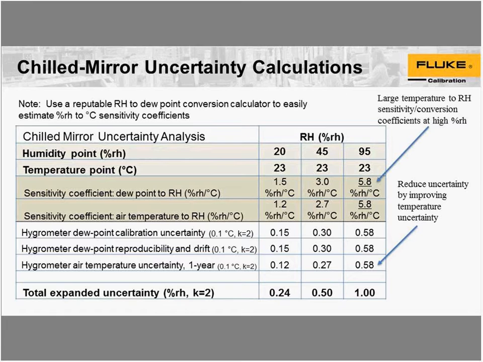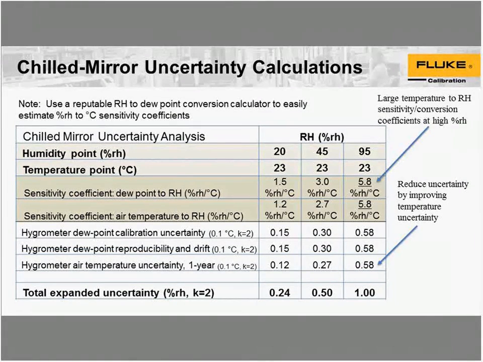So right off the bat, you can see at this low humidity of 20% RH, the amount of change of percent RH versus change in degree C is 1.5. At 95%, it gets 5.8, so it's almost a 6x multiplication to convert dew point to humidity.